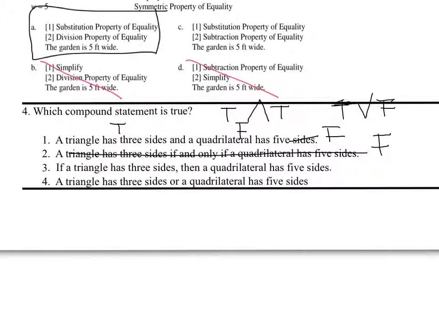If a triangle has 3 sides, then a quadrilateral has 5 sides. Well, we know that this is true, but again, this is false, and it's an and. Finally, a triangle has 3 sides, true, or a quadrilateral has 5 sides, false. But with or, this statement is true, so the last one is true.